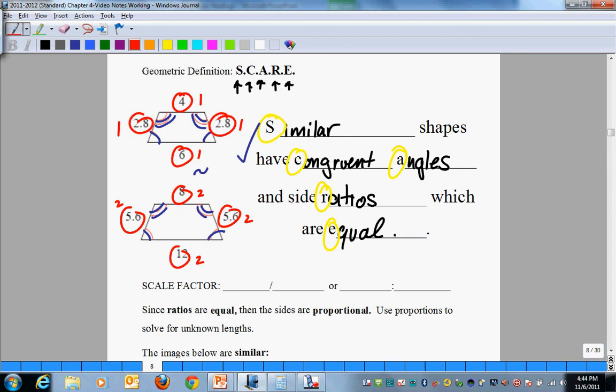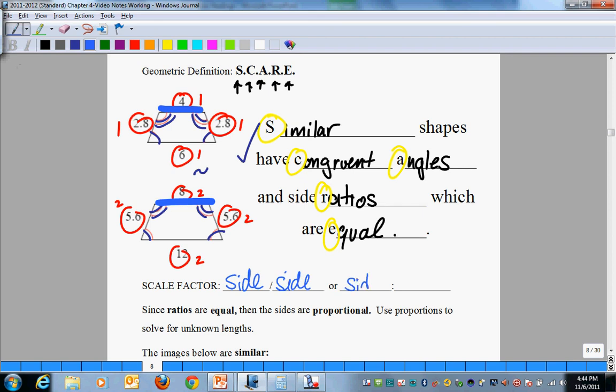A scale factor is what we just did in comparing the side to the side. When we compare side to side, we would call that scale factor. A scale factor is a ratio of one side over the other side of similar shapes.